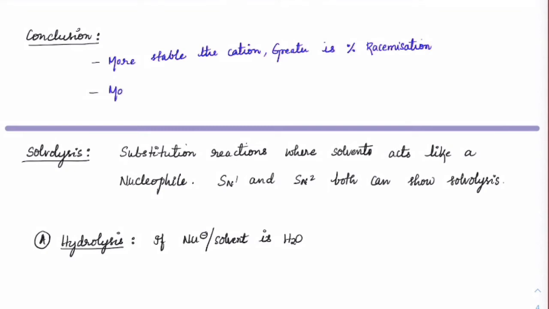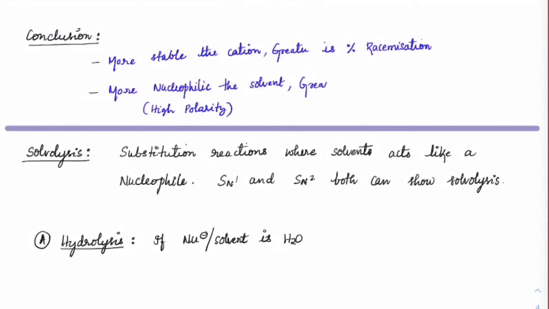And the more nucleophilic the solvent, more nucleophilic as in more polarized. Okay, if there is high polarity in the solvent, I'll specify that way also. With high polarity in the solvent, the separation happens faster.